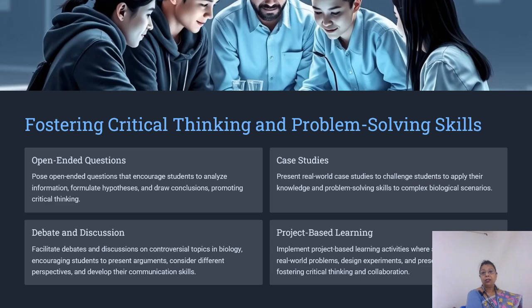As we are all aware, CBSE has also introduced case study questions, which present real-world cases that challenge students to apply their knowledge and problem-solving skills to various complex biological scenarios, like various diseases, and how they can overcome issues related to biology, like global warming, etc. These strategies promote active problem solving as students work through real-world biological challenges and develop their communication and collaboration skills.